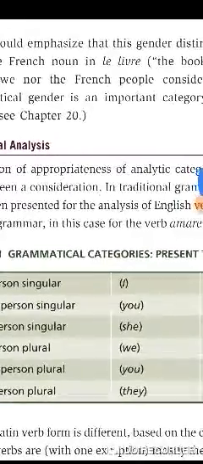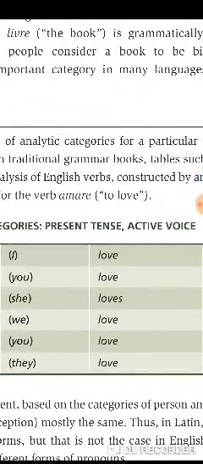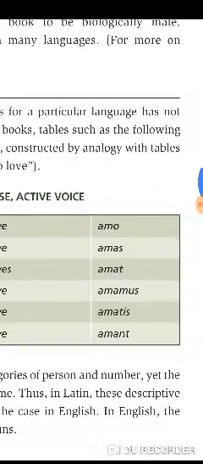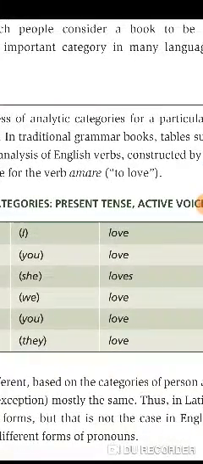That means I, you, he or she, we, you, or they. Now look here. We say I love, you love, he or she loves, we love, you love, and they love. As you see, English only adds one thing, s, to the end.